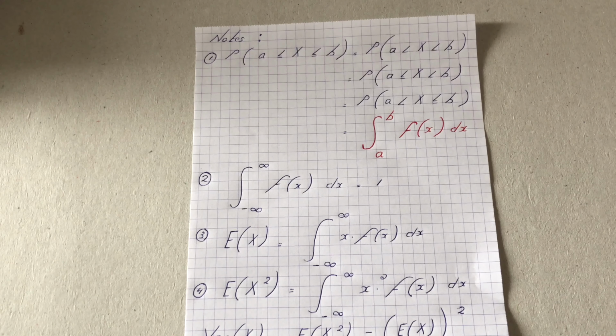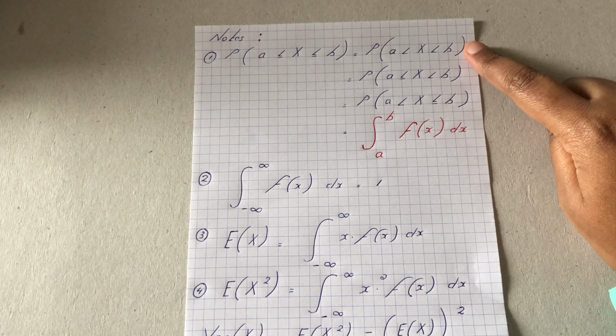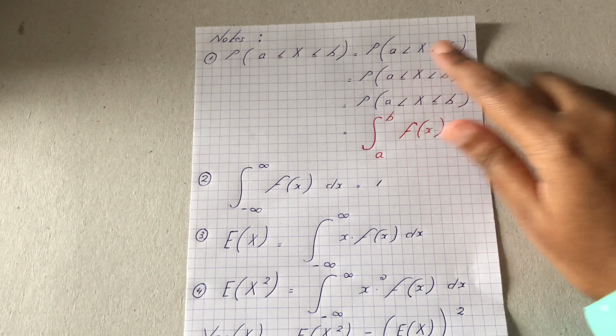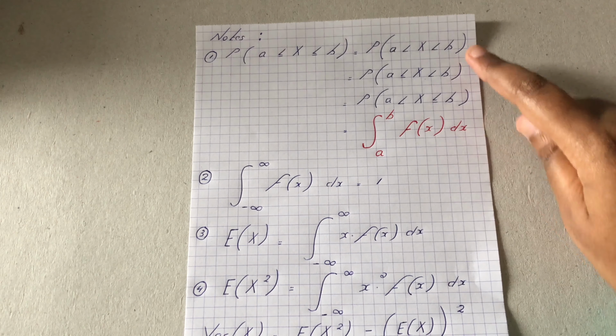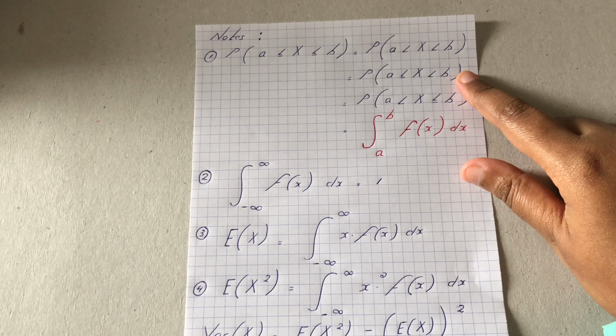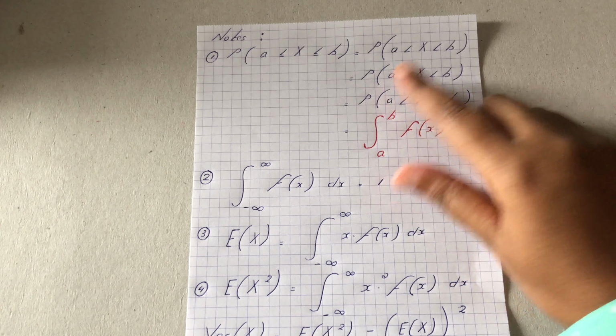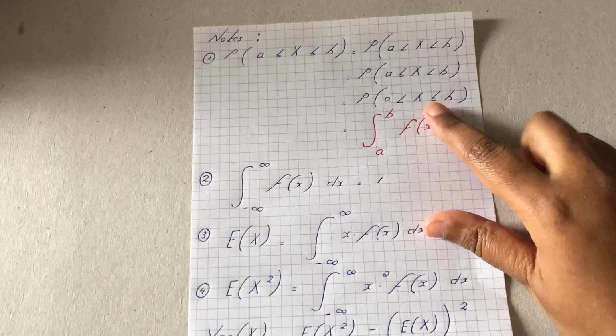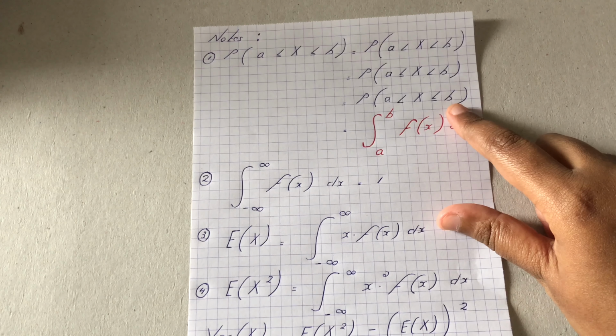The probability of x lying between a and b inclusive is the same as x lying between a and b, where a and b are not included. It's the same as x lying between a and b, where a is included. It's the same as x lying between a and b, where b is included.